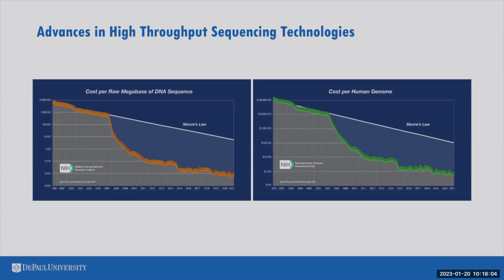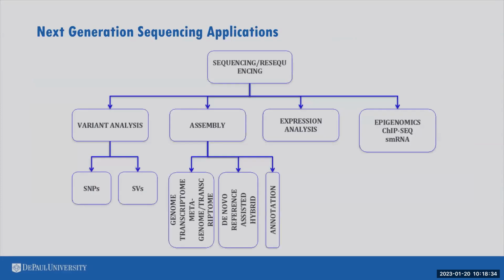So in biology departments, PIs have their own instrument, and it's become so straightforward that graduate students run these machines, generate their own data, and the software is all in place. You can analyze the data and look for whatever biological questions you're interested in. So since 2008 until now, we've come a long way with sequencing.